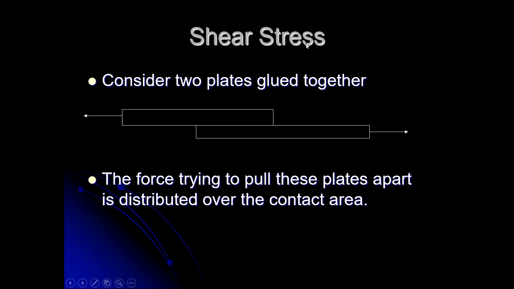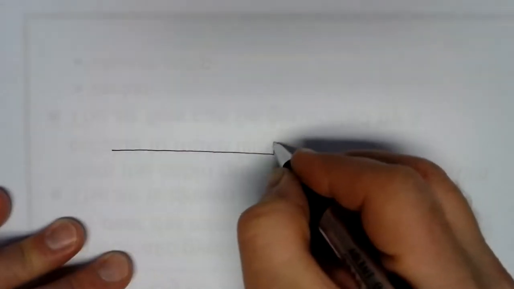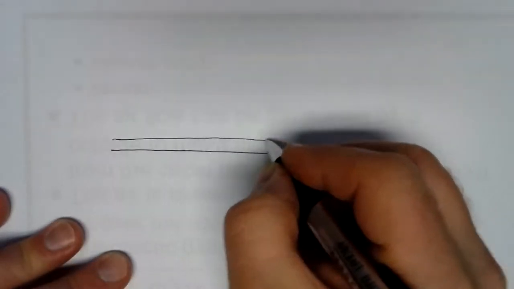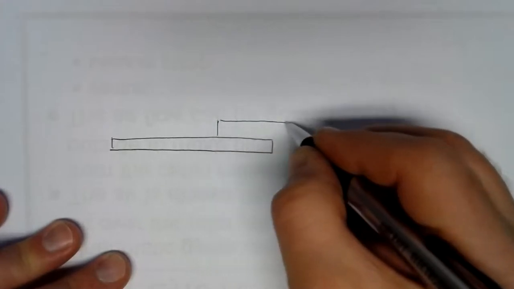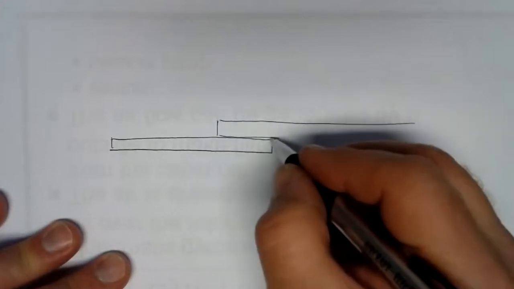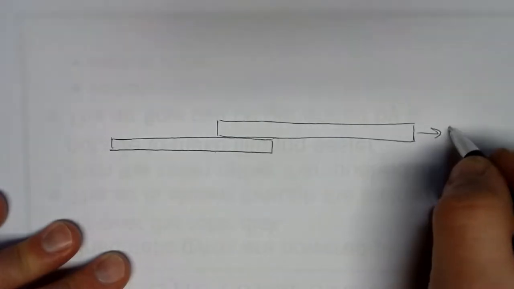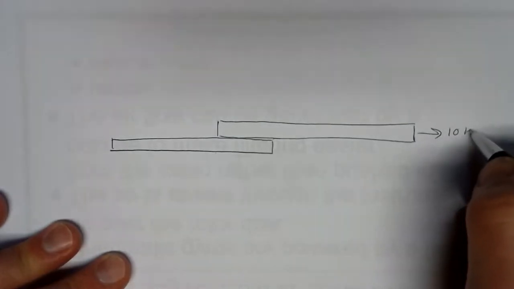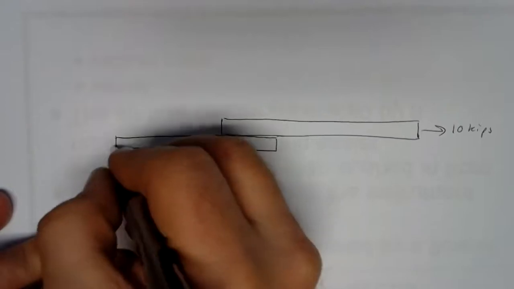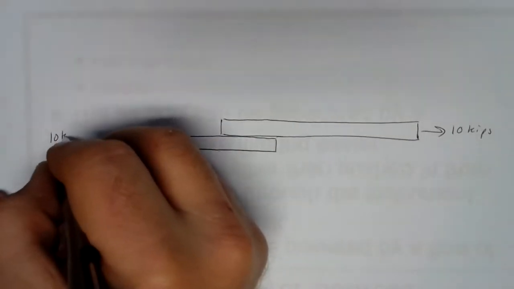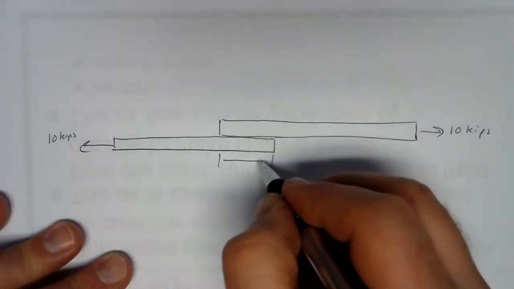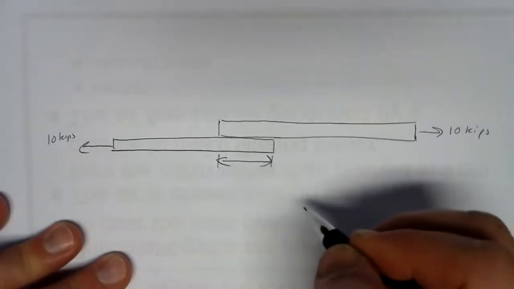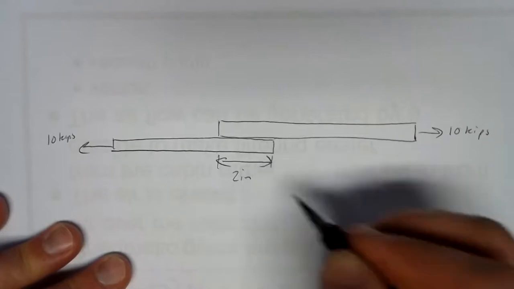So let's see how it looks. Let me first redraw this with a little bit of geometry on it. Let's say we've got this lap joint, and we'll put, let's say, 10 kips on it. Now this joint, I'm going to make the overlap in this lap joint, say 2 inches.